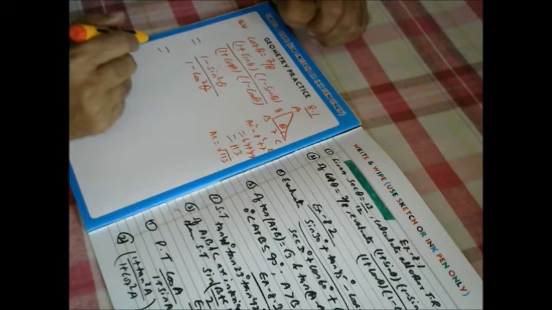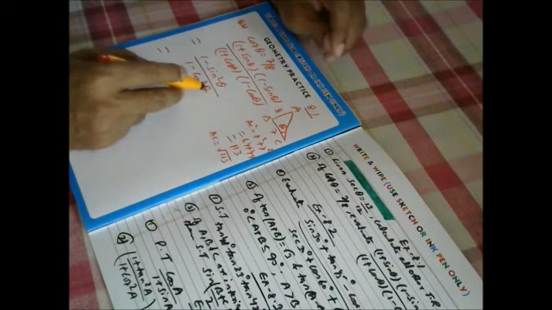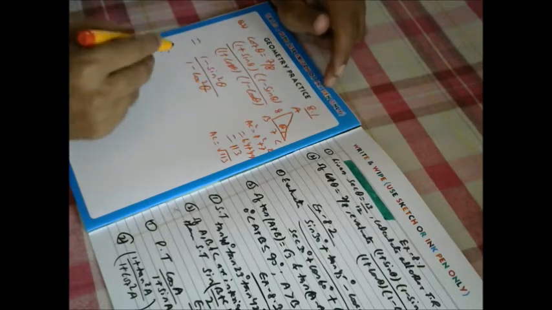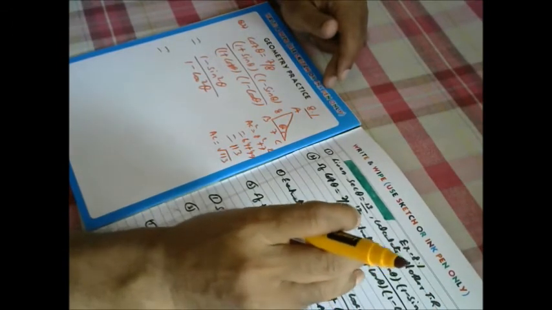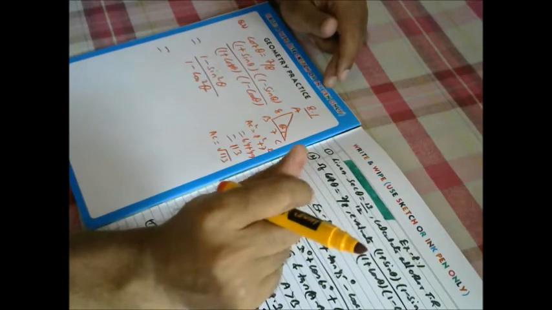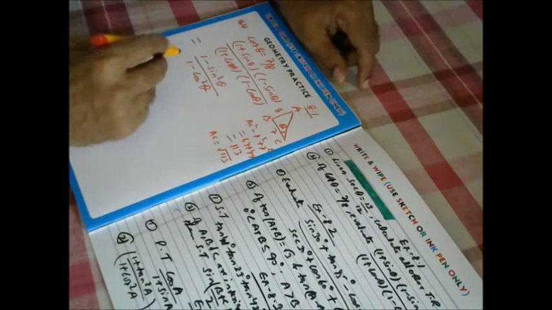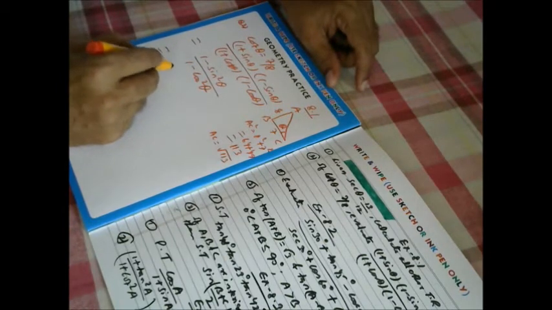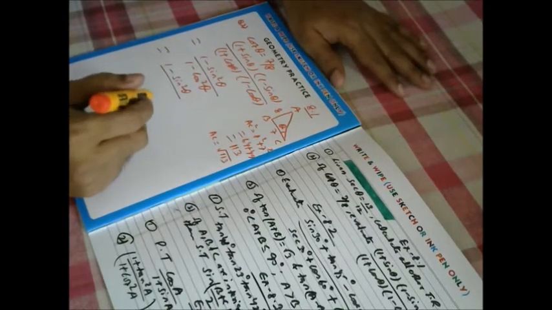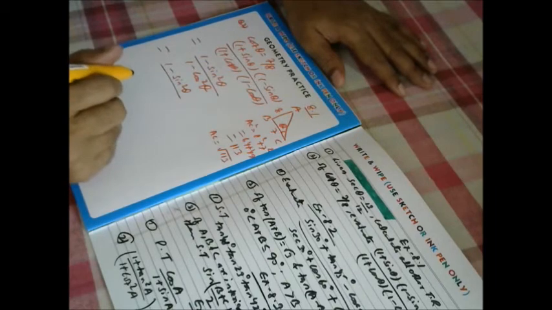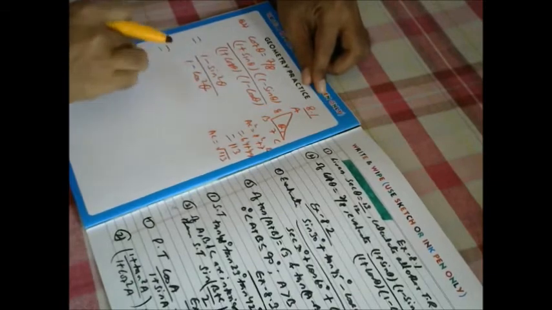Here we should not utilize any type of identity, so that's why I am not going to utilize it. We will simply put the values.